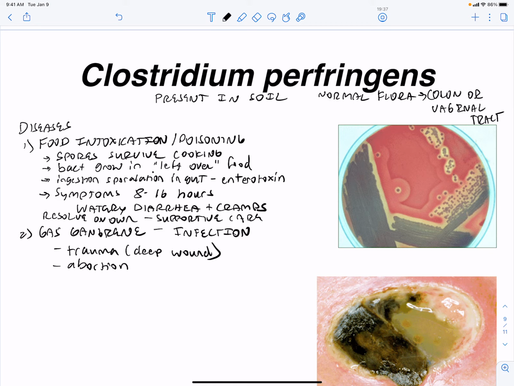The bacteria are going to grow at the site of the injury, and they're going to produce an exotoxin. This exotoxin is alpha toxin, which damages the cell membranes. It's a lecithinase, and it damages cell membranes.